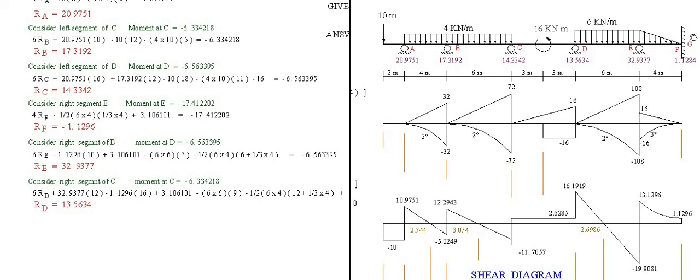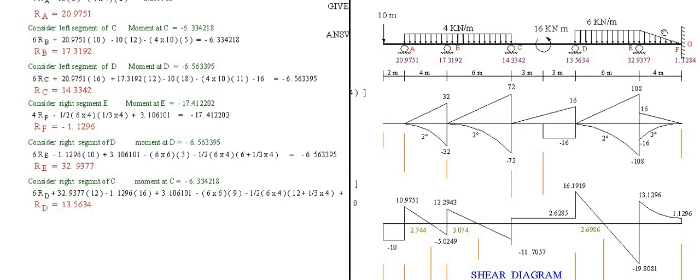Then moment at F, positive 3.106, minus the uniform load of 6 by 6, distance from C is 3 here, 3 plus 6 is 9.